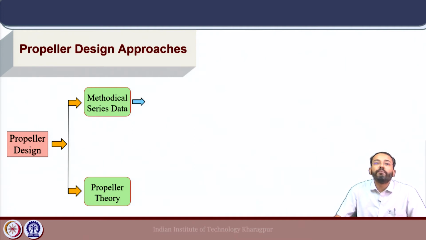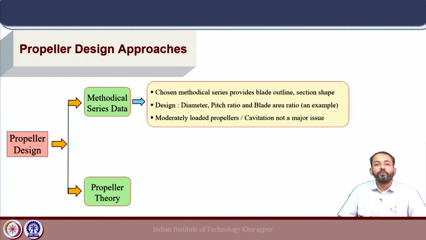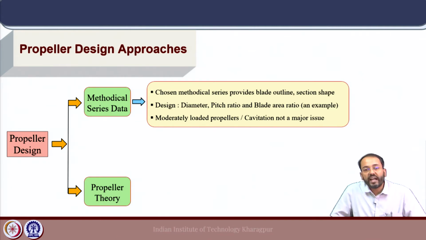So, if we look at the basic aspects of these approaches, the methodical series data, as we have studied in the week on propeller open water, certain methodical series have been developed based on basic criteria which refers to the geometric characteristics of the propeller blades.